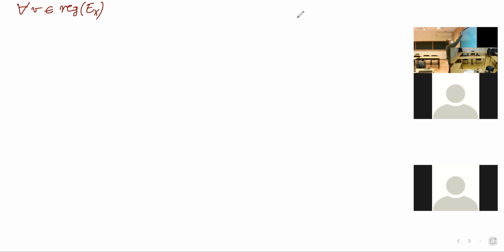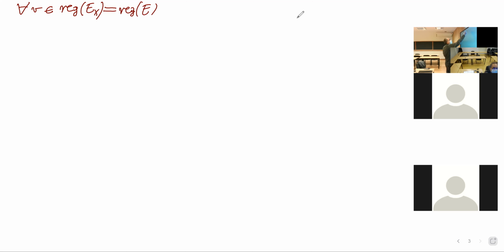We know that regular vertices of EX are the same as regular vertices of E. Well, basically, you know it because the vertices that you add are in Y prime and they're all sinks. So they cannot be regular. So now it's very nice because we are just looking at regular vertices of E.